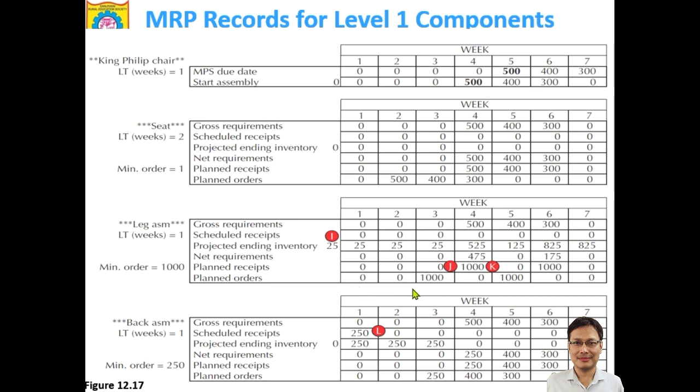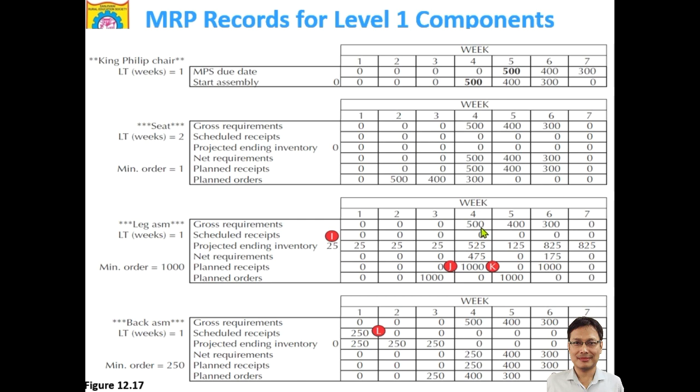Here again, same as the seats, for the leg assembly and the back assembly the requirement will be 500 units each on week number 4, since we have to finish assembling at the beginning of week number 5. So let's get into the leg assembly table. On week 4 we require 500 units.